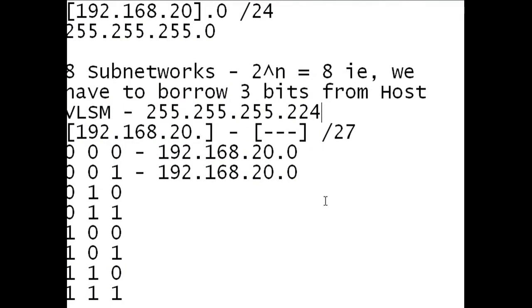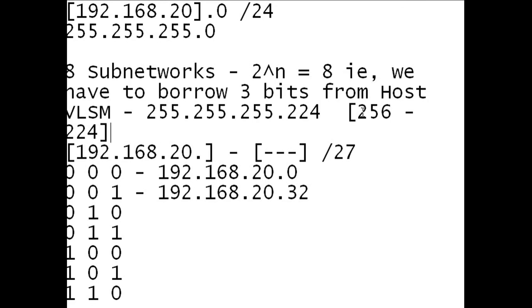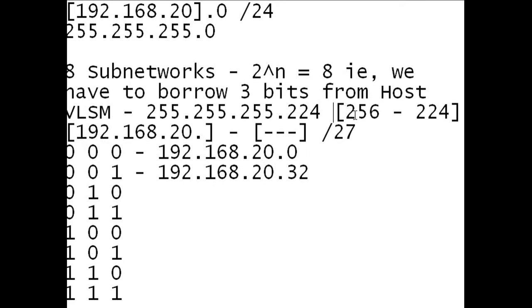Since this bit is varying, the block size is of 256. So what I am doing, when I am creating this 256 from 256, I am creating all 32 blocks, all 32 numbers blocks, then it will be all multiples of 32.